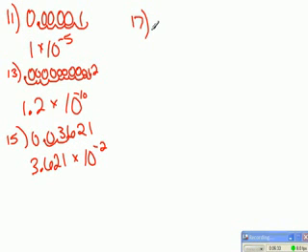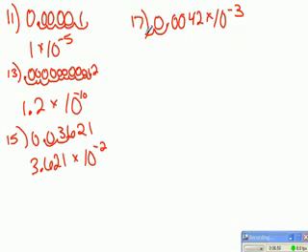Number 17. We have 0.0042 times 10 to the negative third. So this is basically not standard form or scientific, it's just some weird form. What you should do first, negative third tells you you move the decimal to the left. So put it into standard form first.